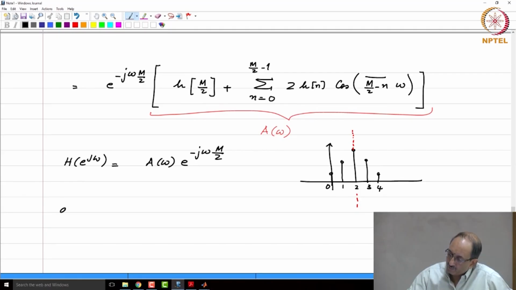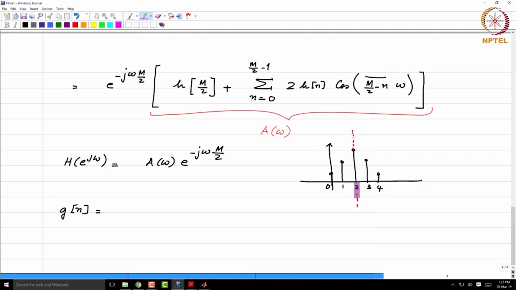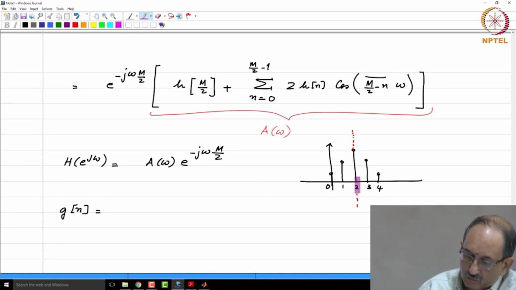Suppose you form another filter G of n, which is you take the original filter H of n, which is type 1, and advance it by n minus 1 by 2 samples. Basically what we are doing is this center sample, which was occurring at n minus 1 by 2, is now shifted to the left, so that this center sample is now located at n equal to 0.